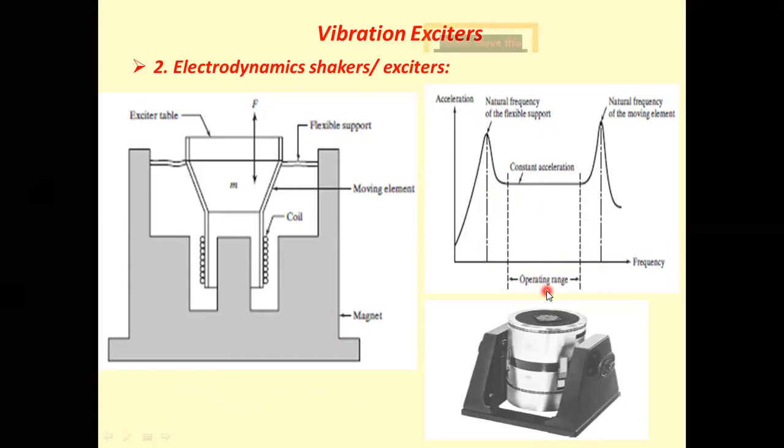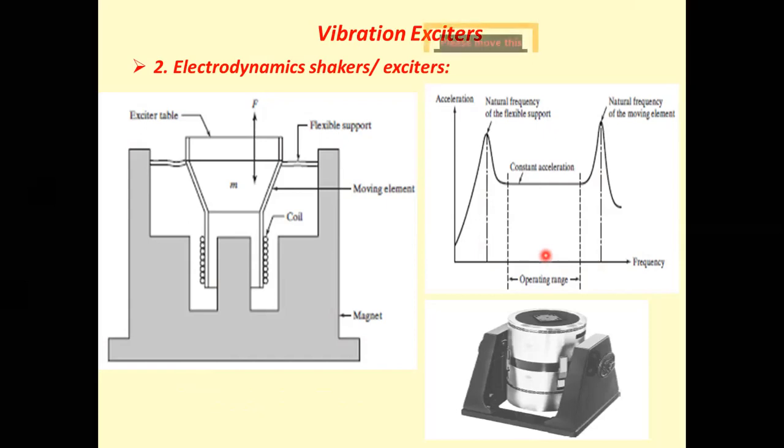Electrodynamic exciters are used to generate a force of up to 30,000 Newton. If we see the mechanical exciter, that is the Scotch yoke mechanism, it is used to generate a force of up to 700 Newton. The two rotating masses are used to generate a force of 250 to 25,000 Newton.